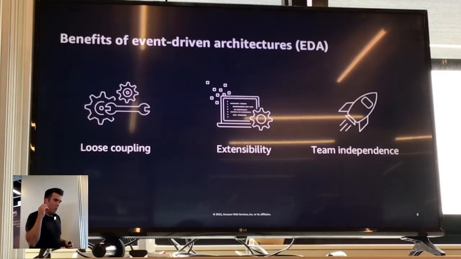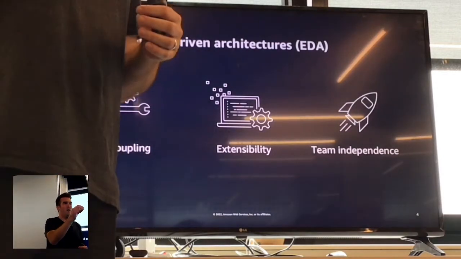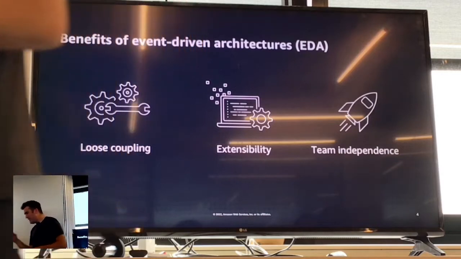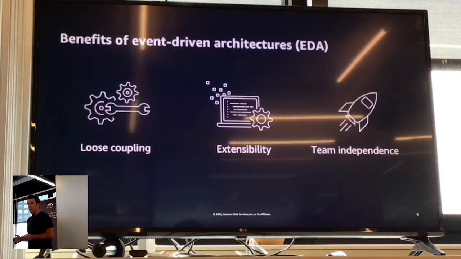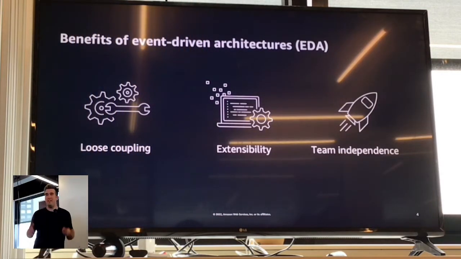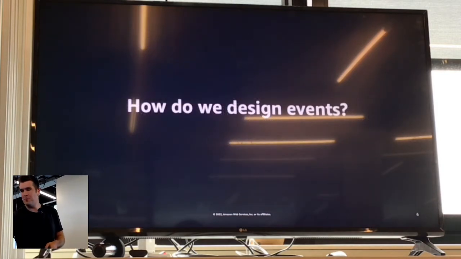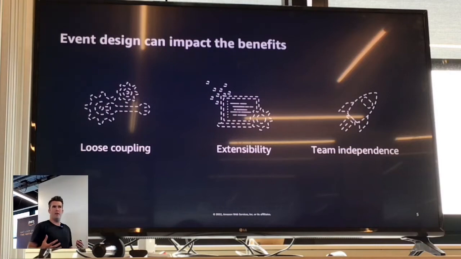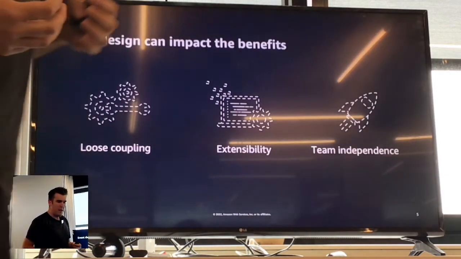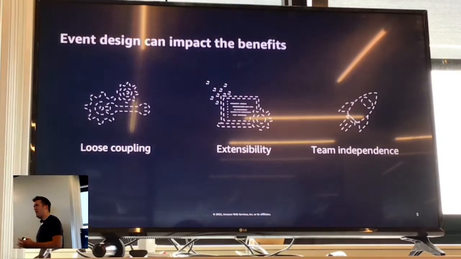Now, a problem emerged. About 6 months down the line to about a year, these features started to break away, right? I started to see more coupling within our event architectures.